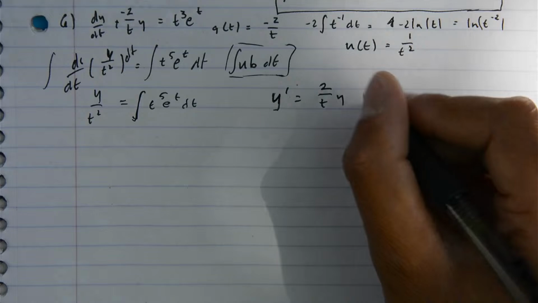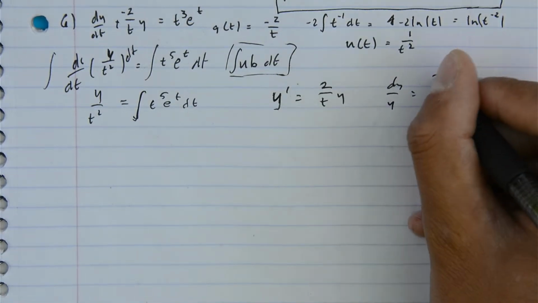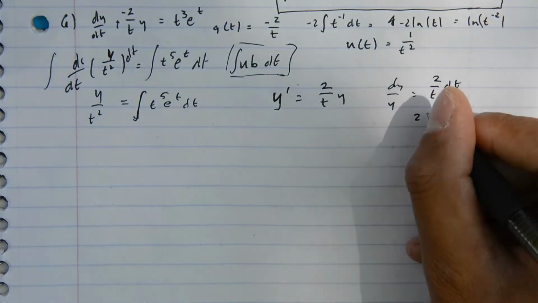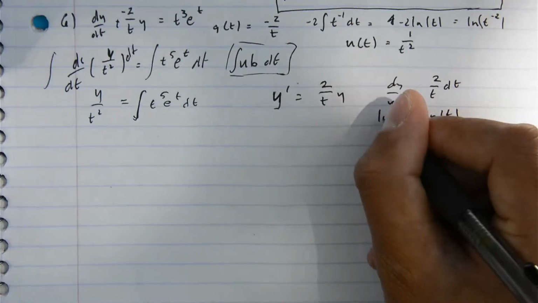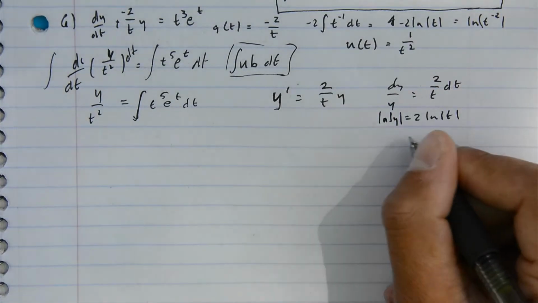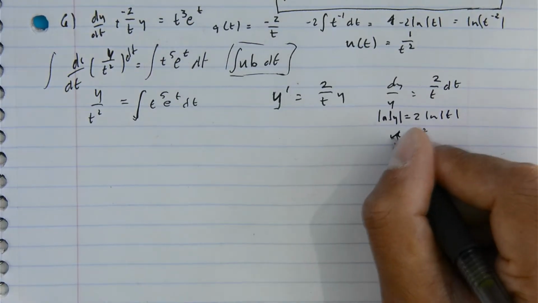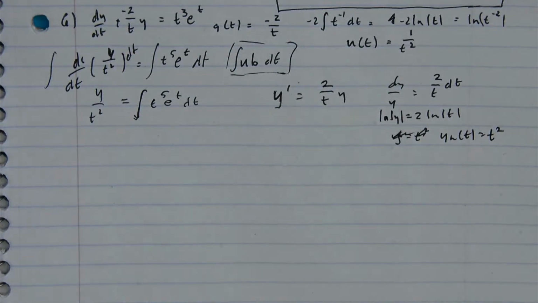So now we're going to get dy over y is equal to 2 over t dt. So then we're going to get 2 ln t for ln y. So then we're going to get y is equal to t squared. This is going to be y_h of t is equal to t squared.